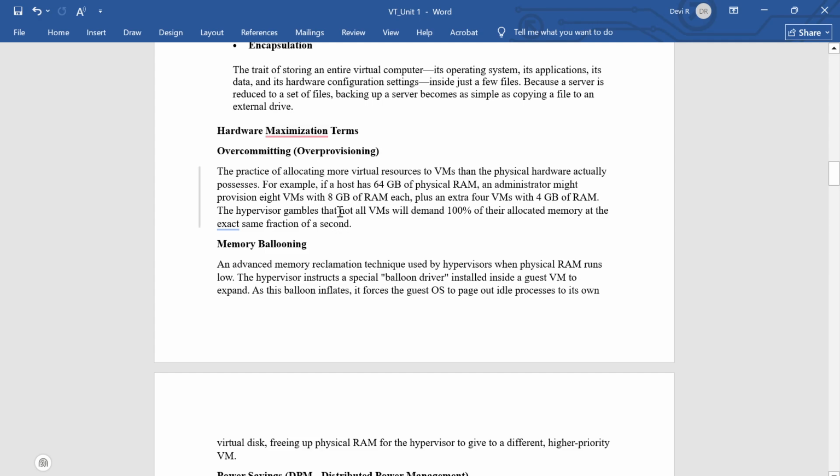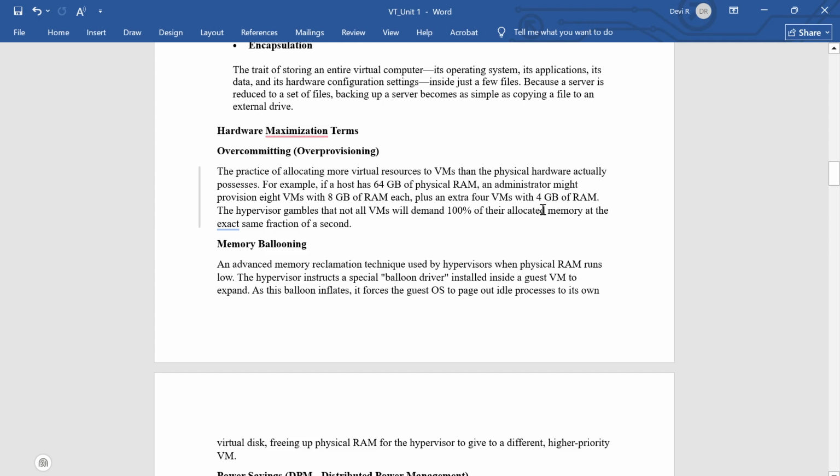Whatever is available in the hardware, within that only can we allocate the VMs. For example, they have given here a plus extra 4 VMs with 4 GB of RAM. The 8 VMs with 8 GB already use 64 GB.